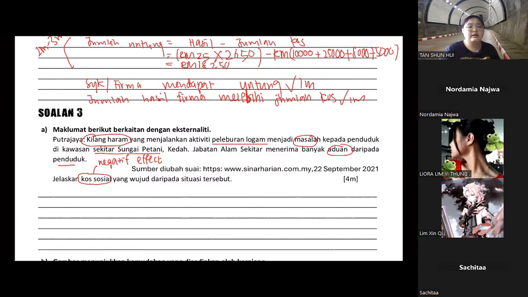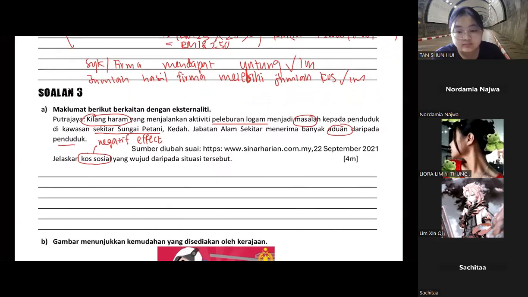Peleburan logam means they melt the iron, and from the iron ore, yeah, it will cause pencemaran. But for 4 marks, you can detail a bit: pencemaran apa? Pencemaran udara? Yes.